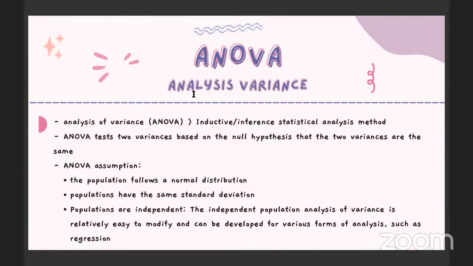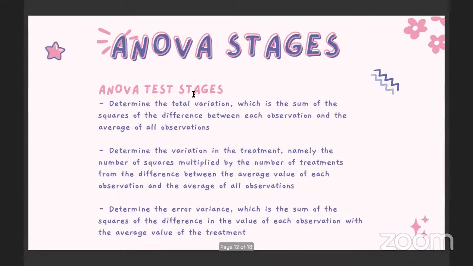Analysis of variance is relatively easy to modify and can be developed for various forms of analysis, such as regression. ANOVA test stages: determine the total variation, which is the sum of the squares of the difference between each observation and the average of all observations.